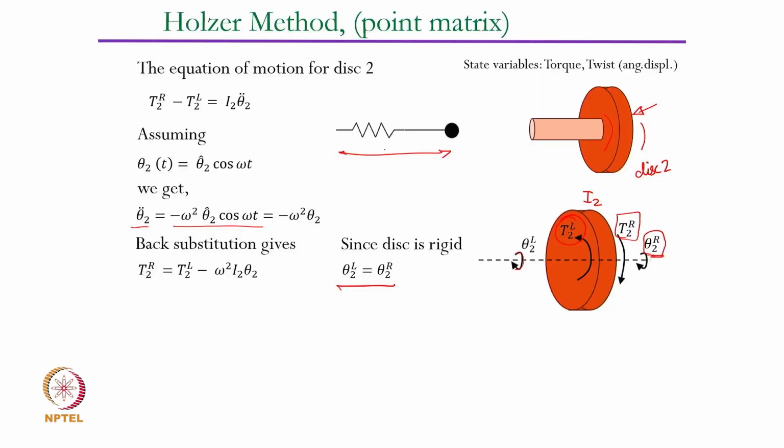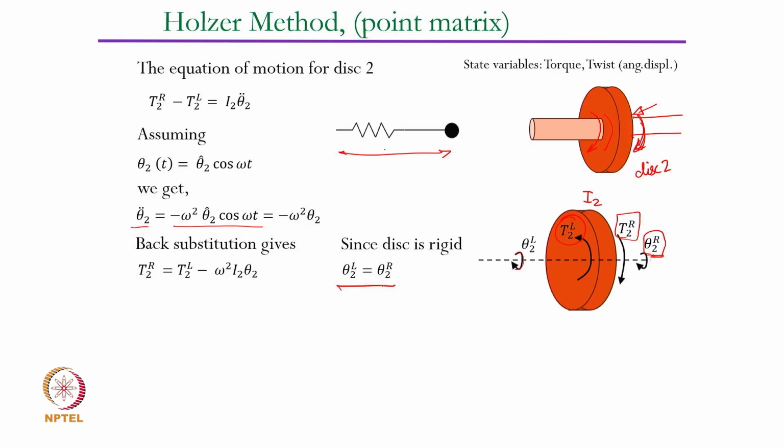The disk does not store any strain energy, it only contributes to the kinetic energy. With that logic, then on both sides of the disk the twists are identical. What it actually means is that if you have another shaft here, then the twist in the left end of this shaft is going to be the same as the twist on the right hand end of the previous shaft, and across the disk there is no relative twist, okay.